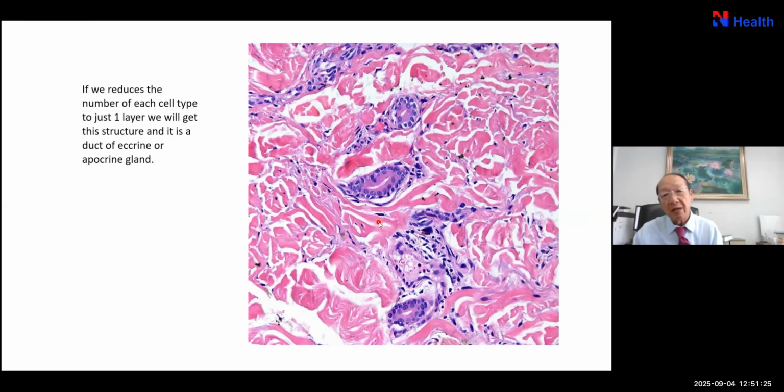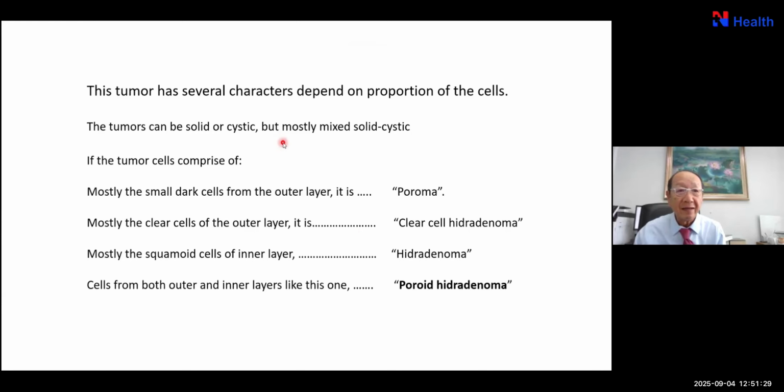If this structure becomes a tumor, there can be variation, solid or cystic. If the luminal spaces become dominant, they will be cystic, but mostly it is a mix of solid and cystic.